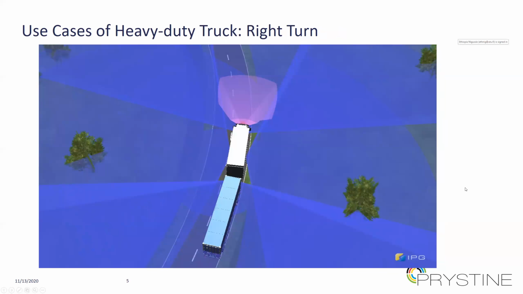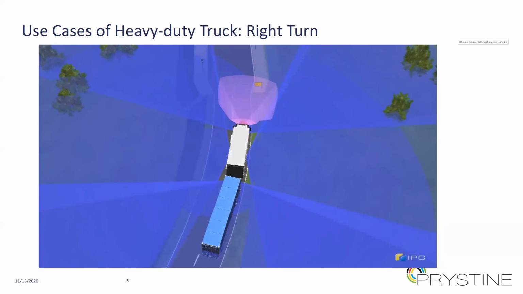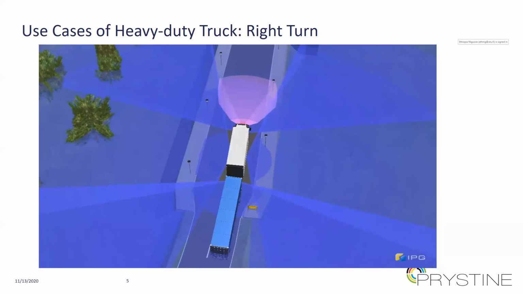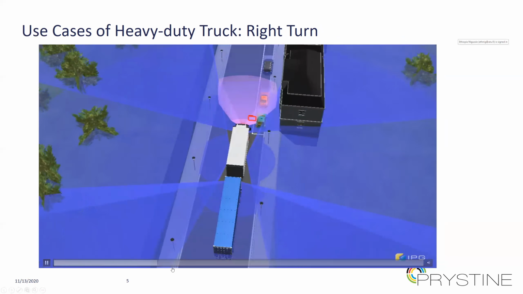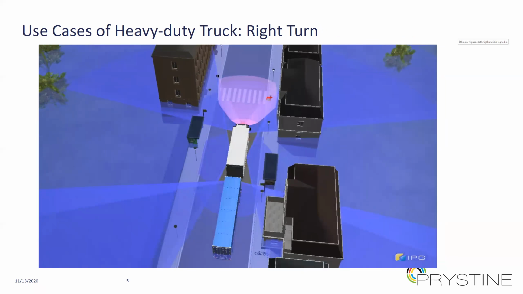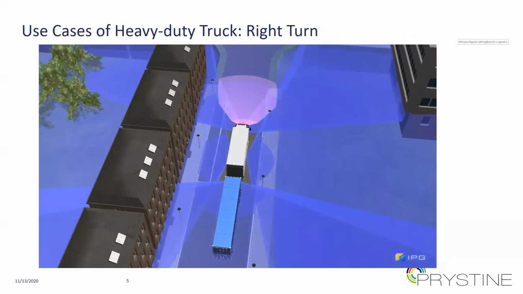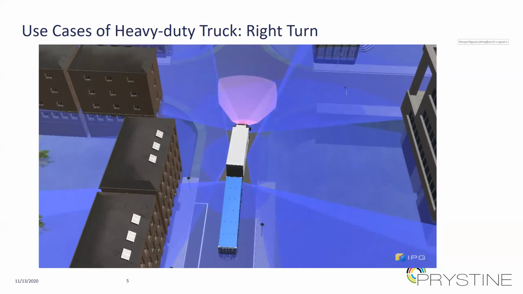And this is the second use case, which is right turn. For the truck with trailer, its maneuvering is challenging in case of right turn, because if the maneuver is not precise, the trailer may occupy the oncoming lane, which may cause head-on collisions.